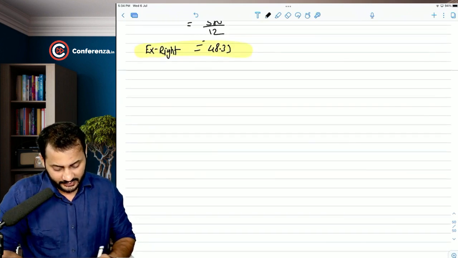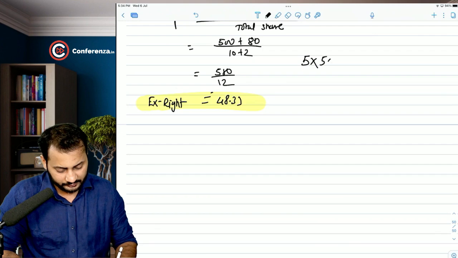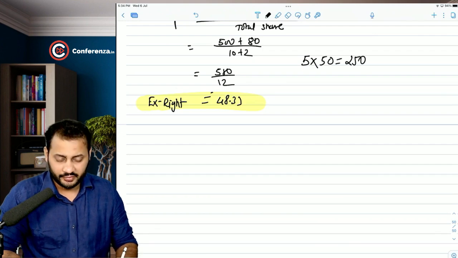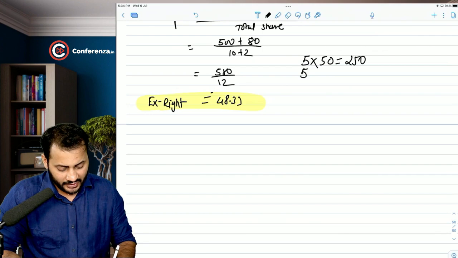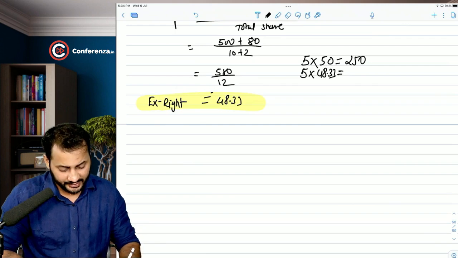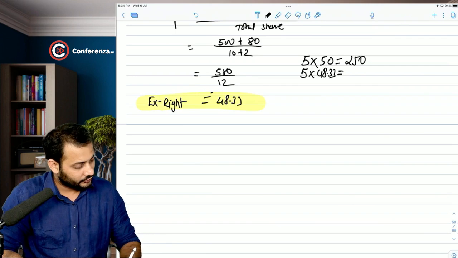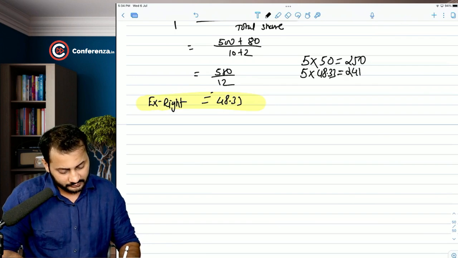So practically speaking, in this scenario, we had a portfolio of 5 shares at 50 rupees earlier. It becomes 250. But after that, we have 5 shares at 48.33 after the X right date. If we do not exercise our right, 48.33 into 5 comes to 241.65.